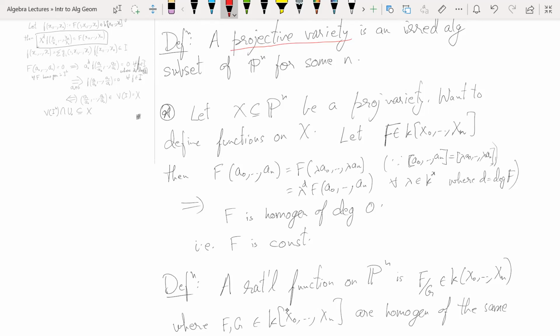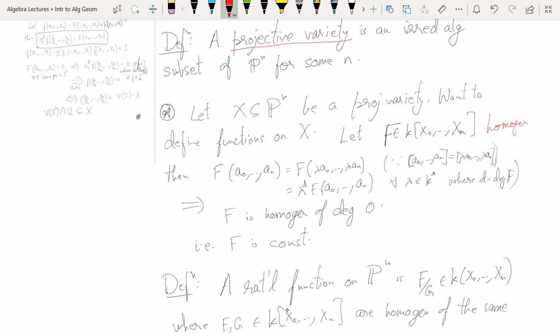But we know that f(λa0,...,λan) is the same as λ^d f(a0,...,an), for every non-zero λ in the field K, where d is the degree of this homogeneous polynomial f.